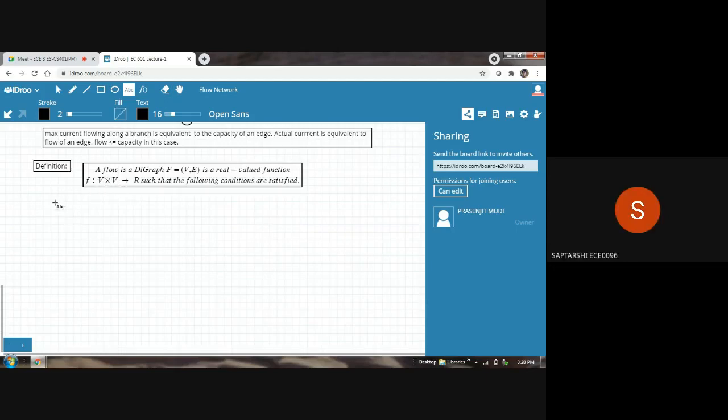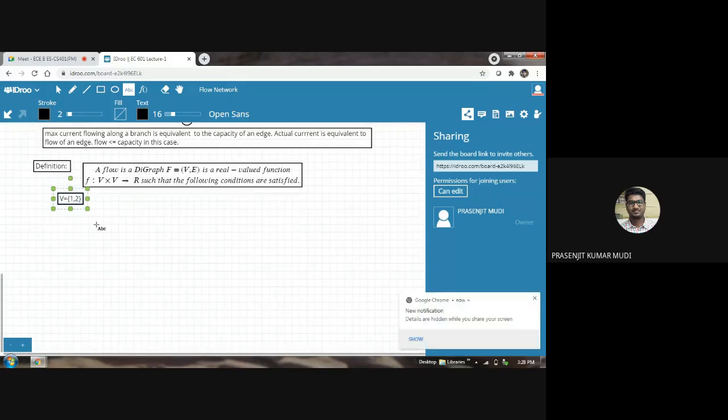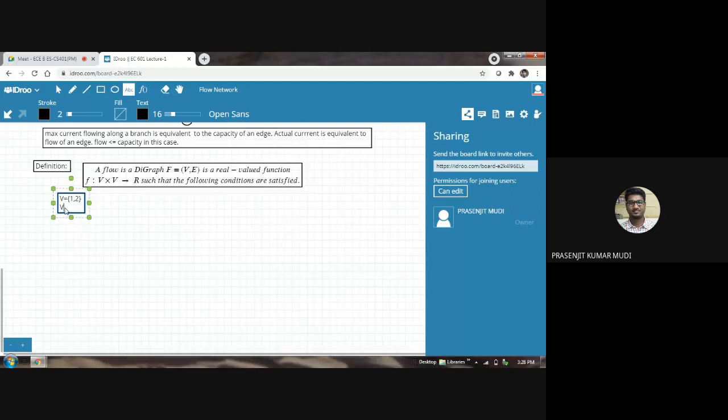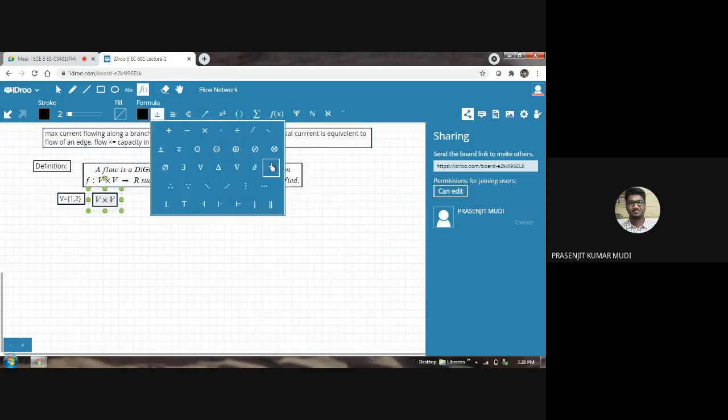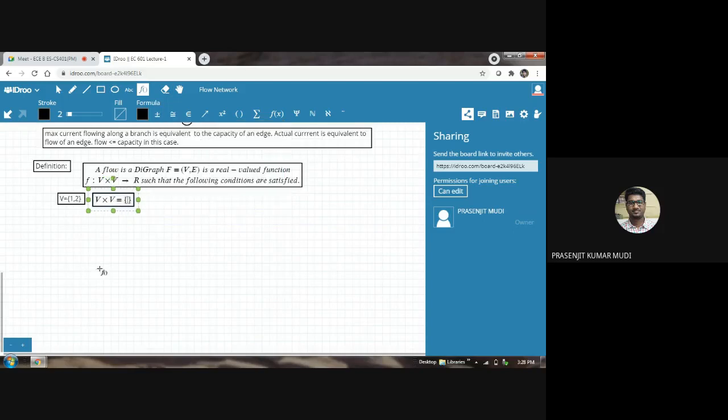For example, let's say V equal to {1, 2}. Two vertices are there, labeled as vertex 1 and vertex 2. Now, if I want to compute V cross V, then what will be V cross V? It is a Cartesian product of two sets.